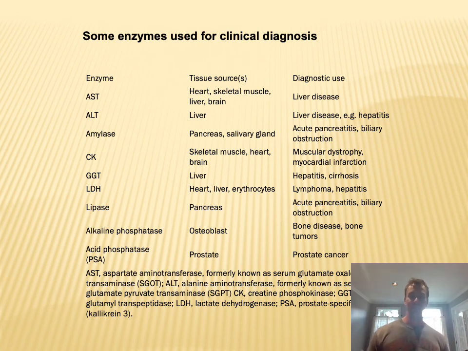Amylase, in our pancreas or even in our saliva, can help diagnose acute pancreatitis or biliary obstruction, for example. I don't need to go through all these, but these are some examples where you can use these enzymes, in some cases isozymes, for diagnosing different conditions.